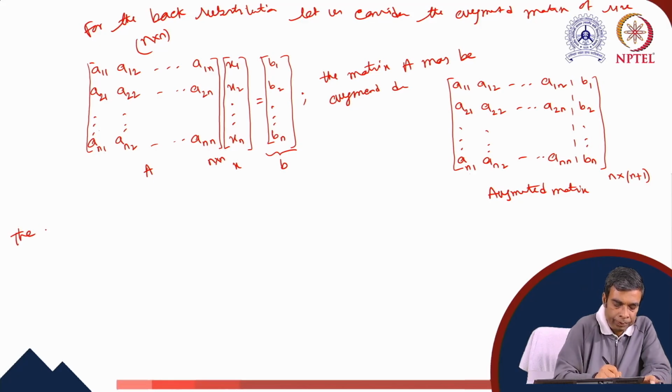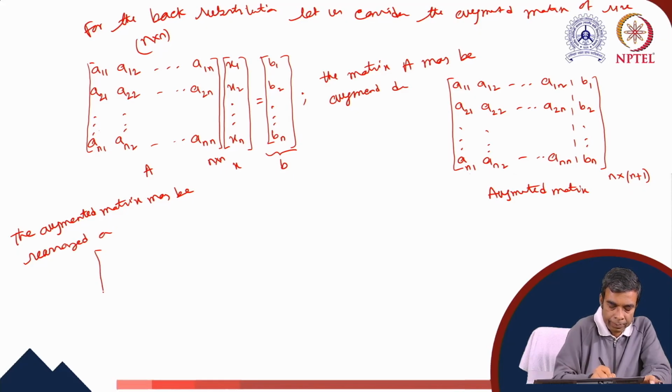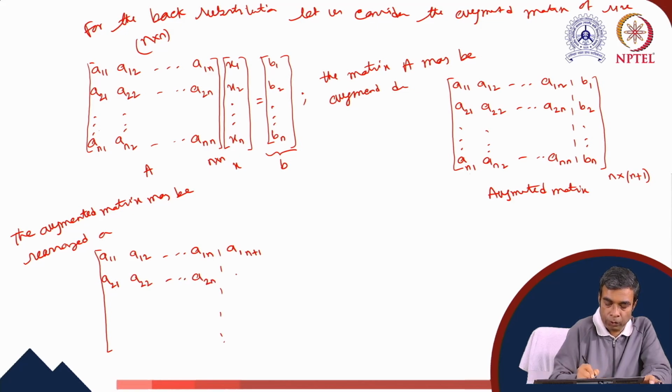So the augmented matrix may be rearranged as A11, A12, A1n, A1 n plus 1, A21, A22, A2n, A2 n plus 1, An1, An2, Ann, An n plus 1.